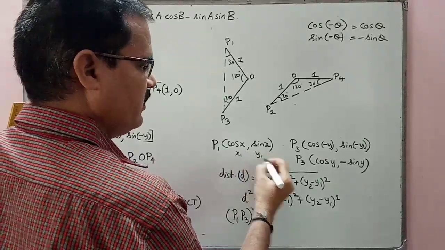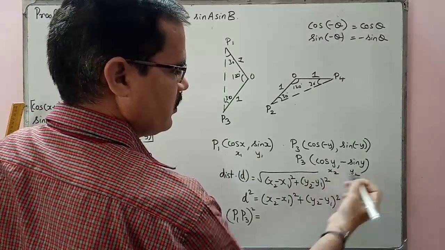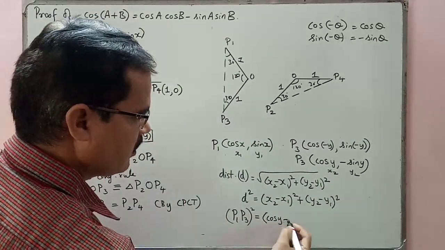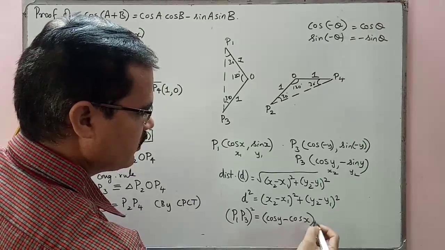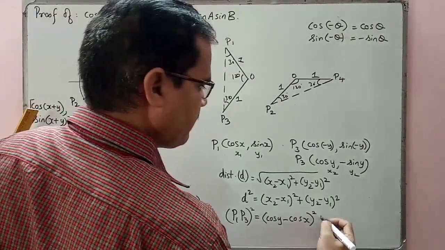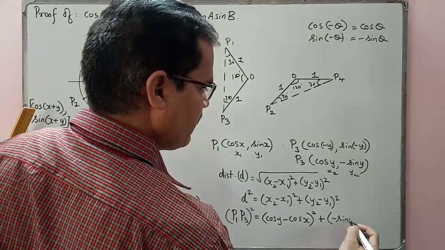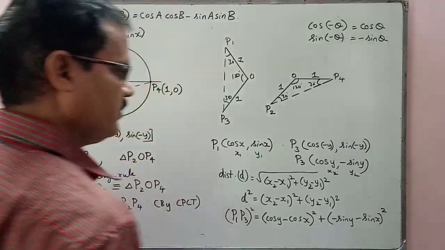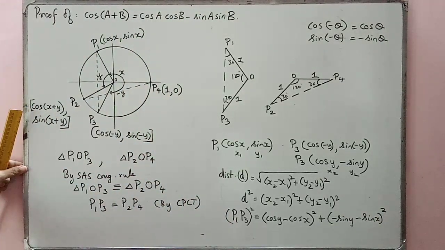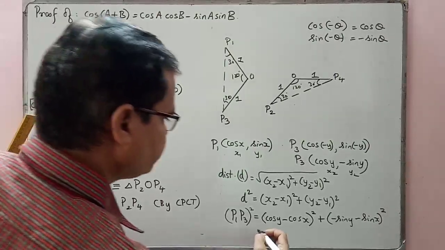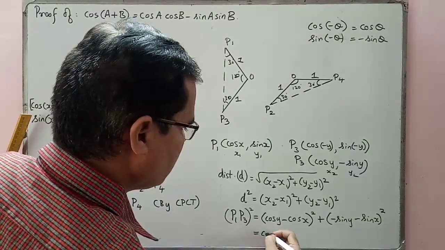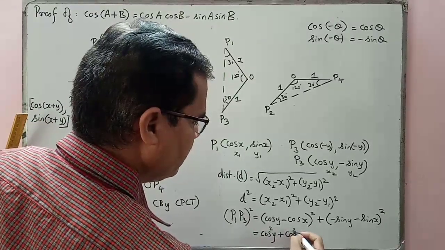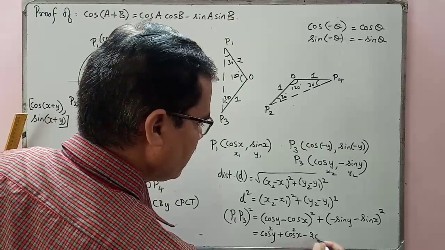Now substituting this, what will you get? Cos y minus cos x the whole square plus minus sin y minus sin x the whole square. Okay children, now shall we start doing it? Square it. We know the a minus b the whole square formula: a squared plus b squared minus 2ab.